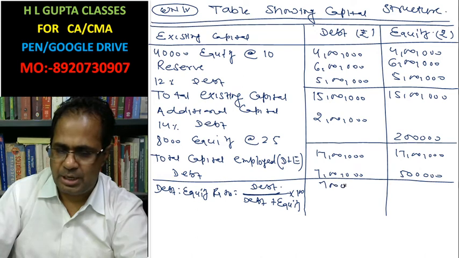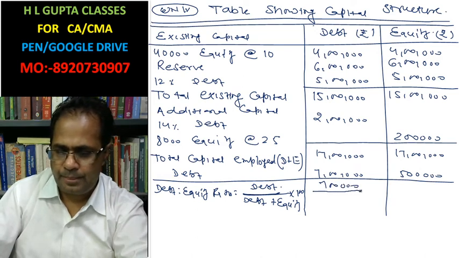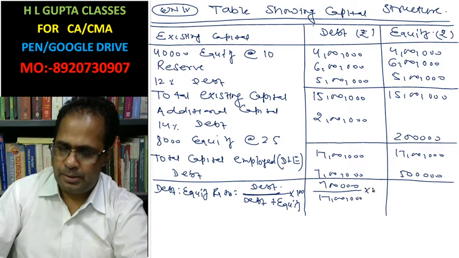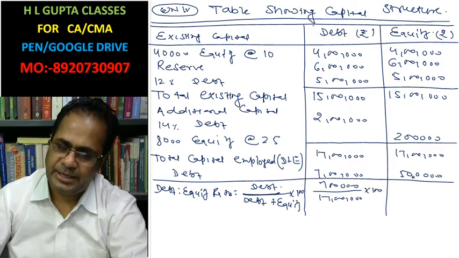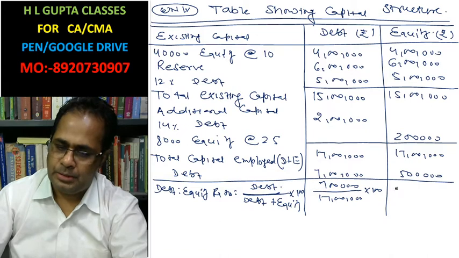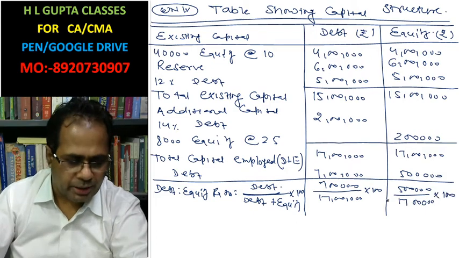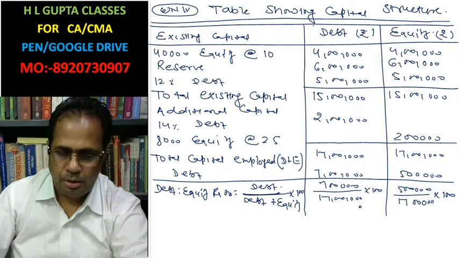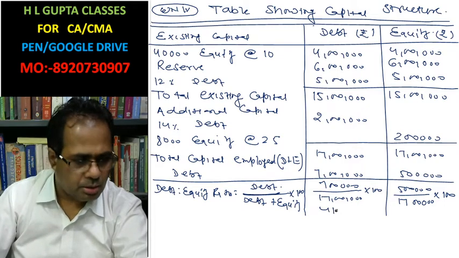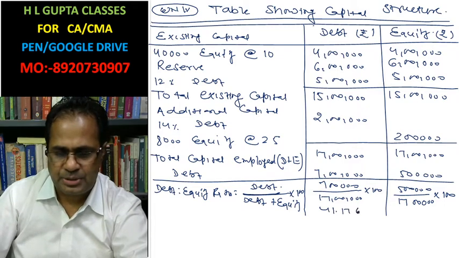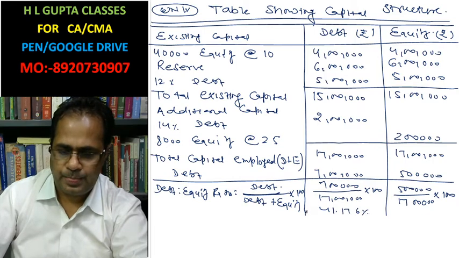This is 7 lakh divided by 17 lakh into 100. In this case, this is 5 lakh divided by 17 lakh into 100. Here it is 41.176%.